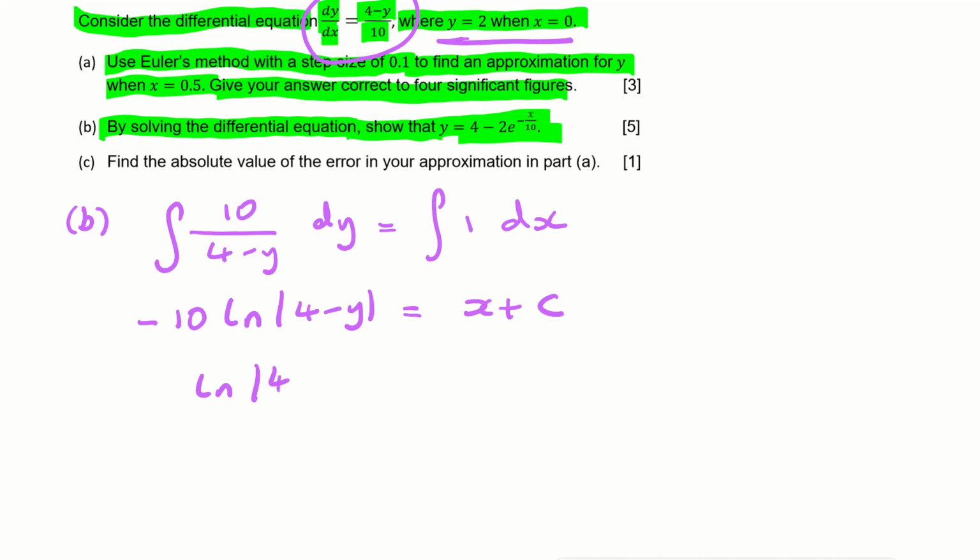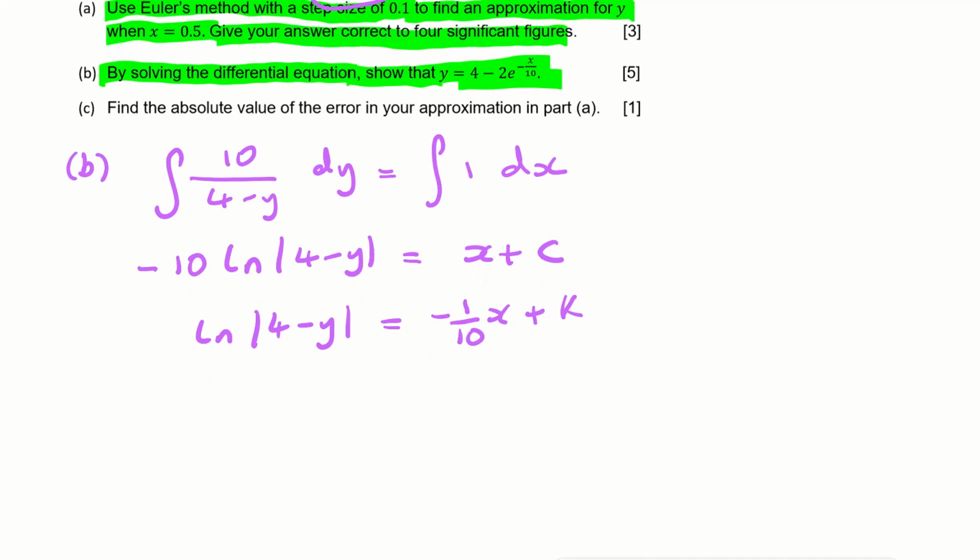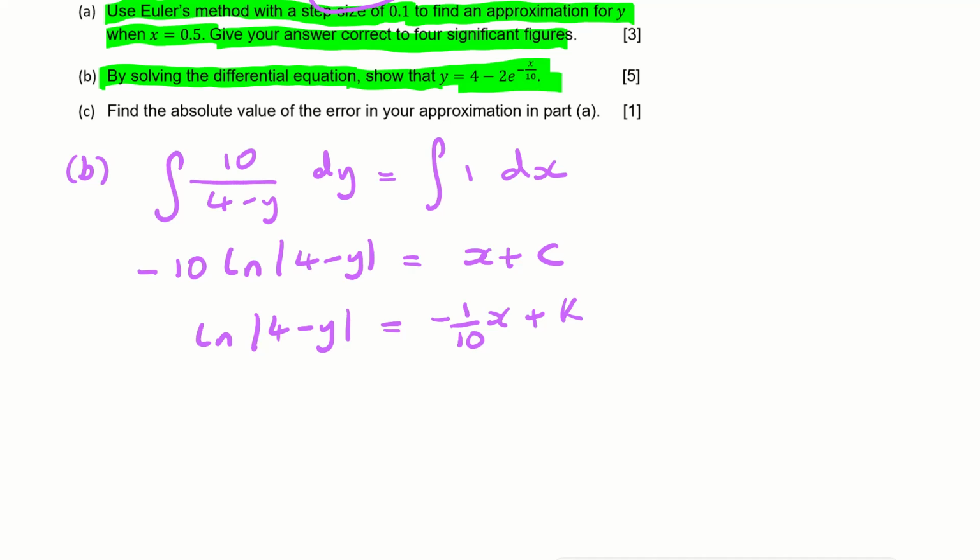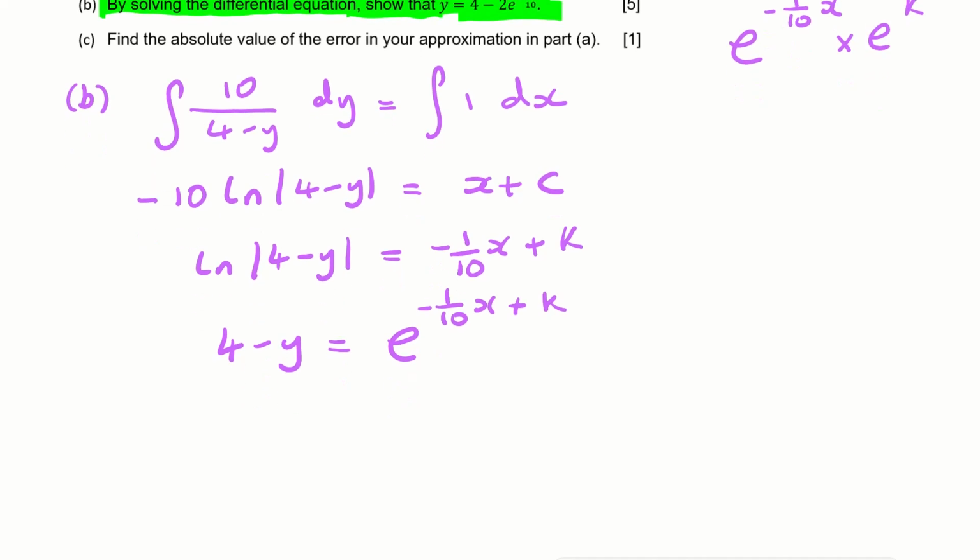Therefore, ln mod (4 − y) would be equal to negative 1/10 x plus a constant. And so 4 minus y is e to the negative 1/10 x plus a constant. And of course, that can be split into e to the negative 1/10 x times e to the constant.